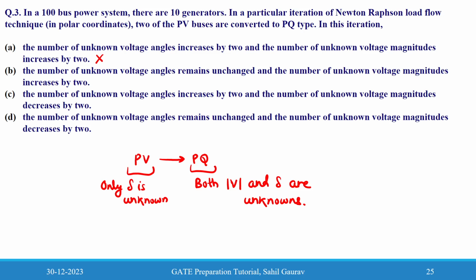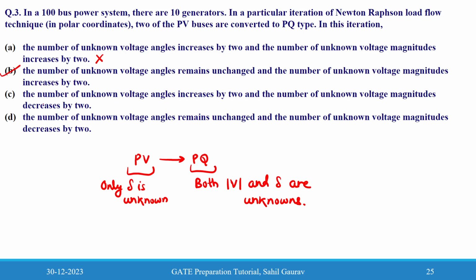So whether it is PV or PQ, delta is unknown on both sides. That means the number of unknown voltage angles remains unchanged. So this B option is correct, and also it is given that the number of unknown voltage magnitudes increases by 2 because voltage magnitude is not given in the PQ type buses. So B is the correct option.